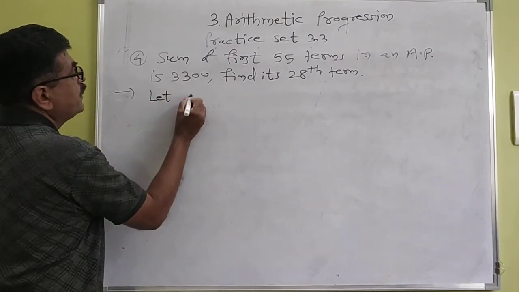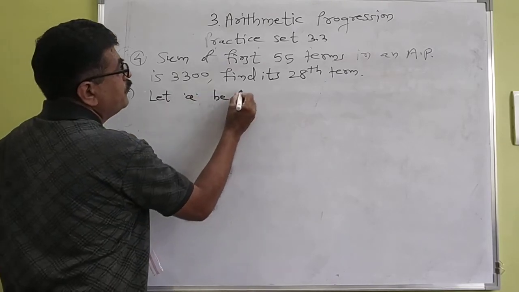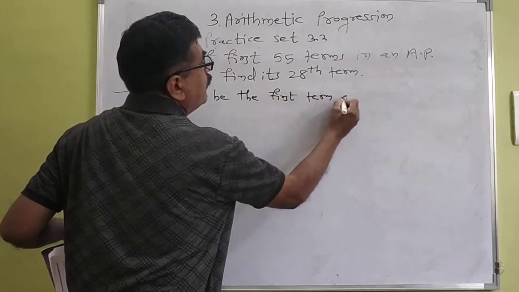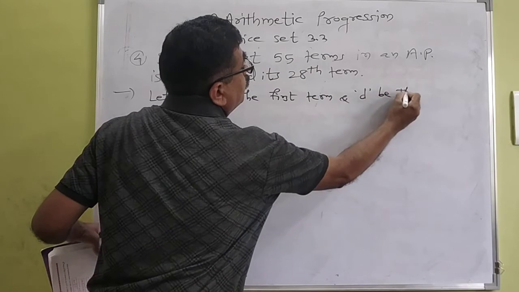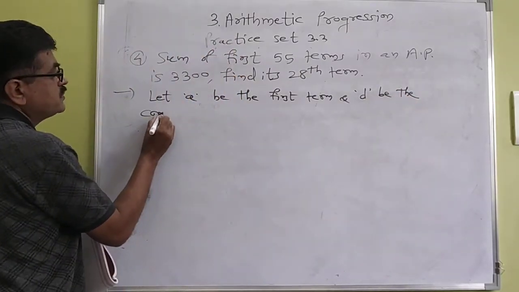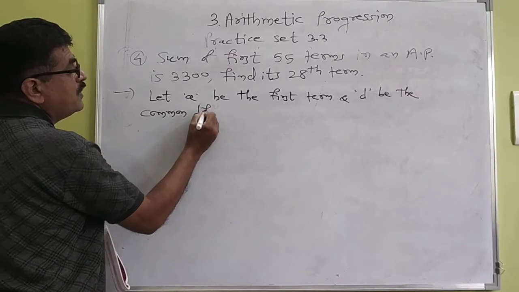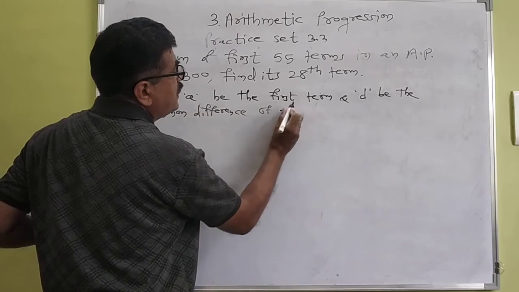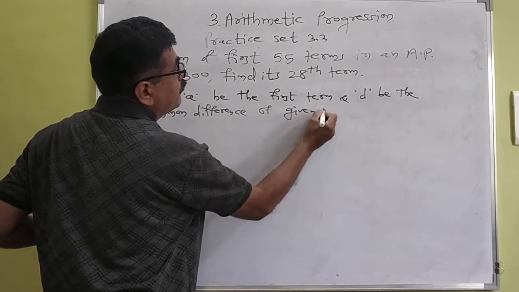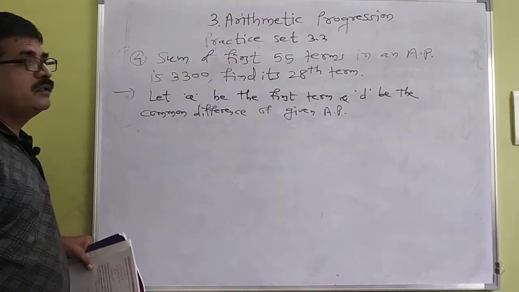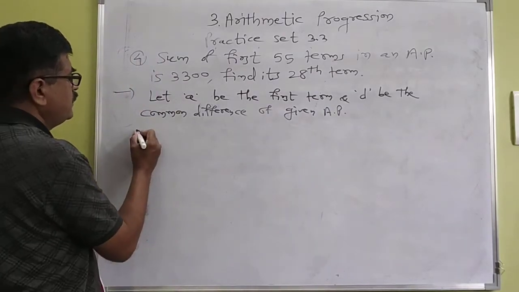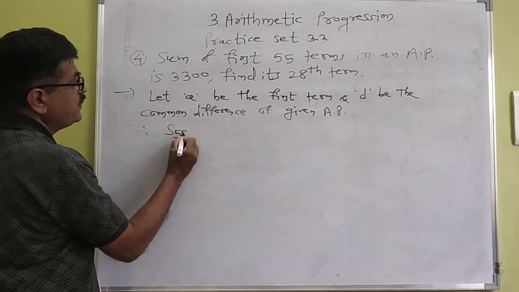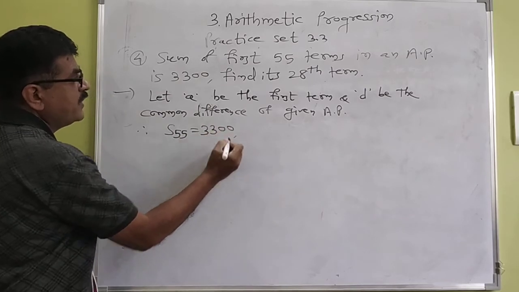First write down: let A be the first term and D be the common difference of the given AP. Therefore, the sum of the first 55 terms, that is S55, is equal to 3300.